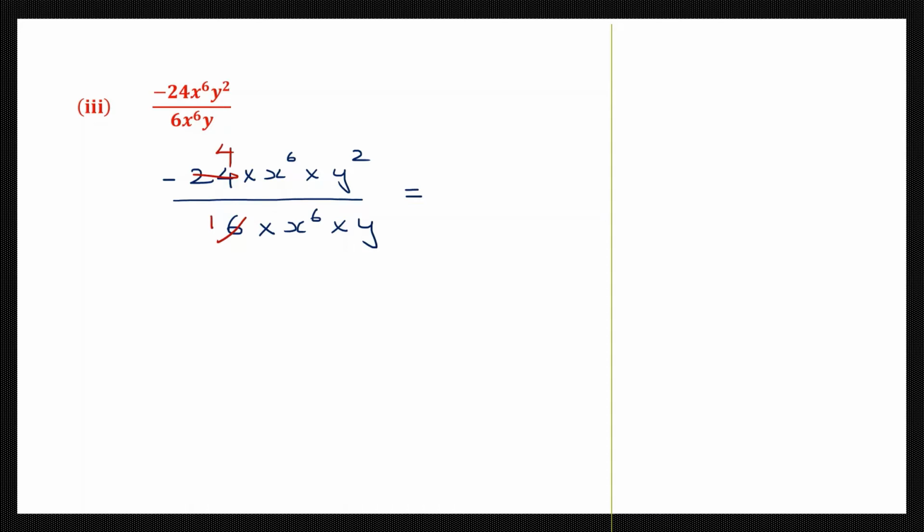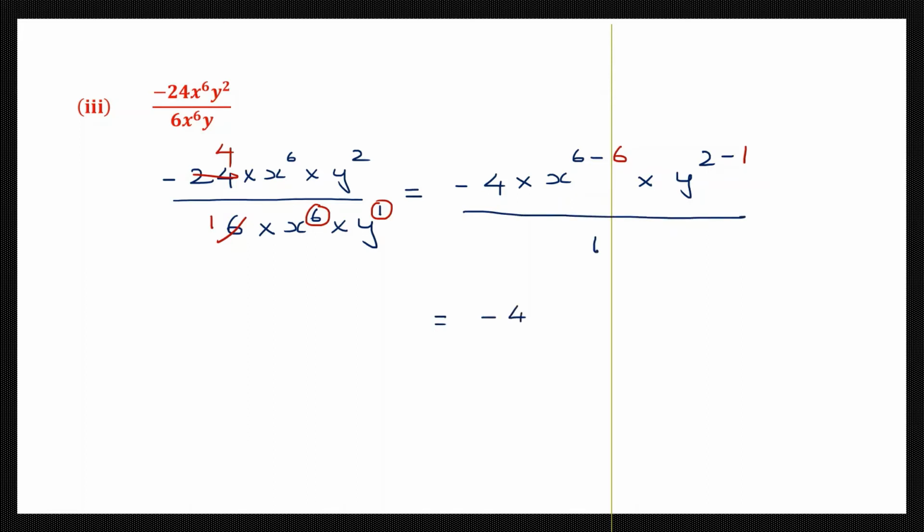So let's continue. Minus 4 into x to the power of 6 minus 6 into y to the power of 2 minus 1. And in the denominator, I have only 1 left now because everything else has been cancelled.